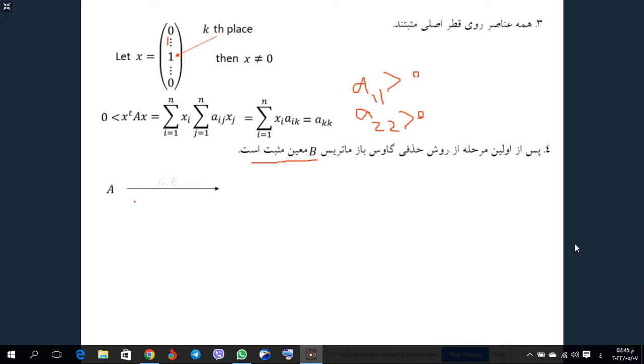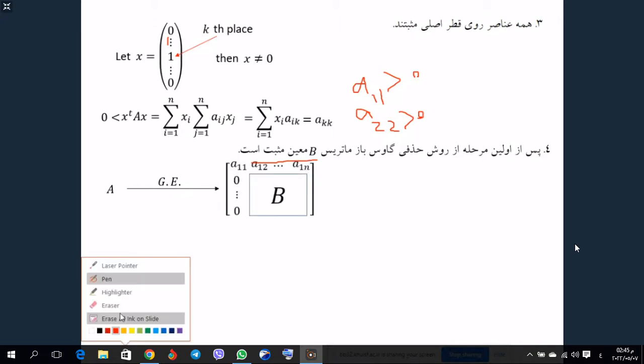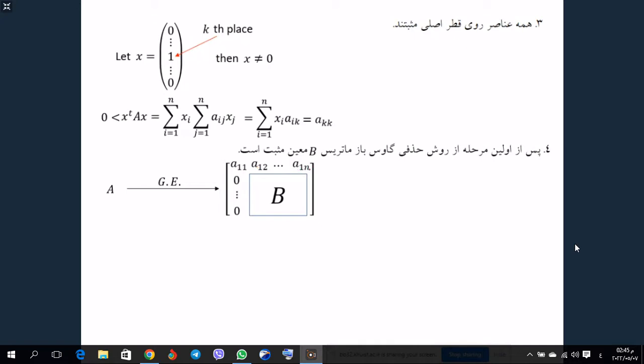Consider A. We do the Gauss elimination, and we find A11, A12, A1n, zeros, and matrix B here, which is n minus 1 by n minus 1.